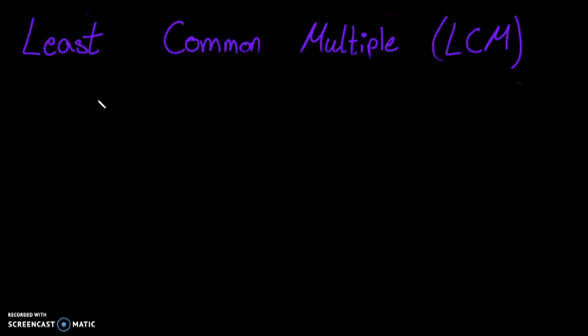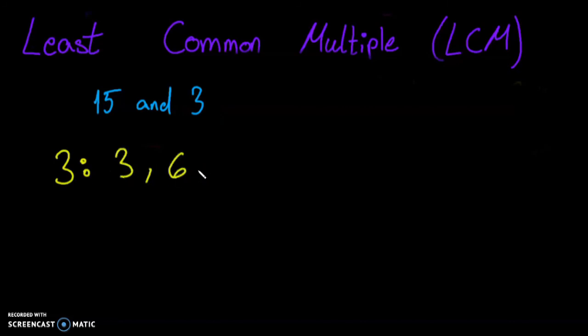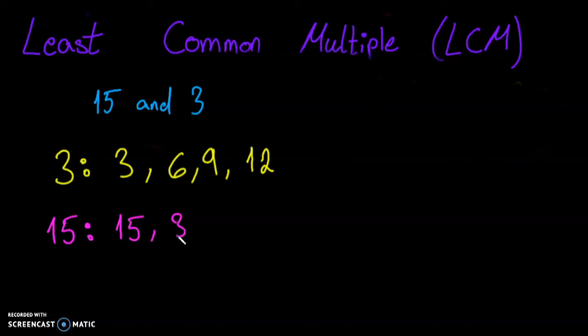So let's try to find the LCM of 15 and 3. It's always better to start with the smaller number. So 3. 3 times 1, 3. Times 2, 6. Times 3, 9. Times 4, 12. And let's take 15. 15 times 1 is 15. Times 2 is 30.